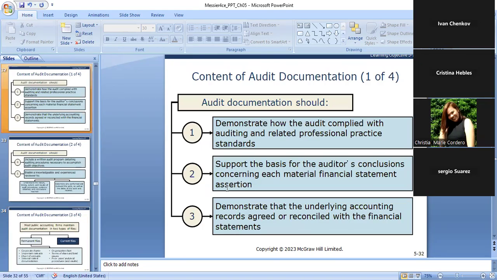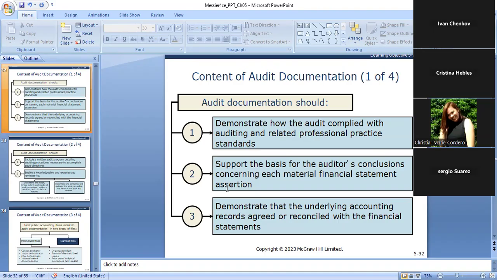Which are the audit documents? What do they have to be? First, they have to demonstrate how the audit complied with the auditing and related professional practice standards. Second, to support the basis of the auditor's conclusion. And the third one is to demonstrate that underlying account records agree or reconcile with the financial statements.